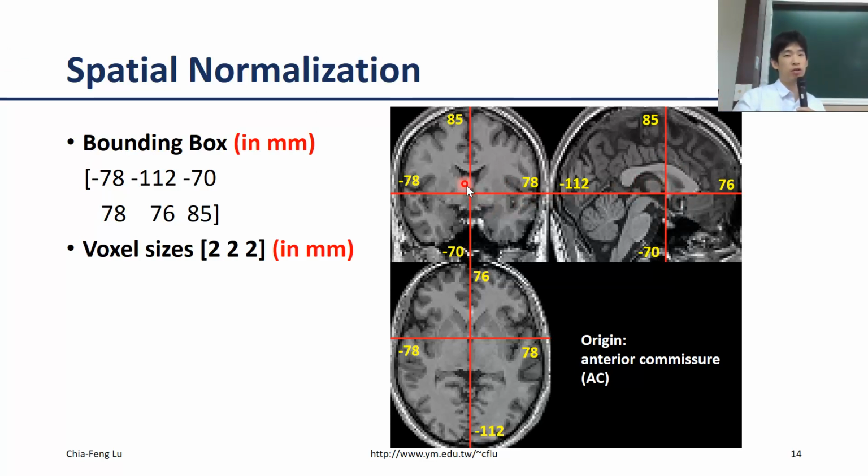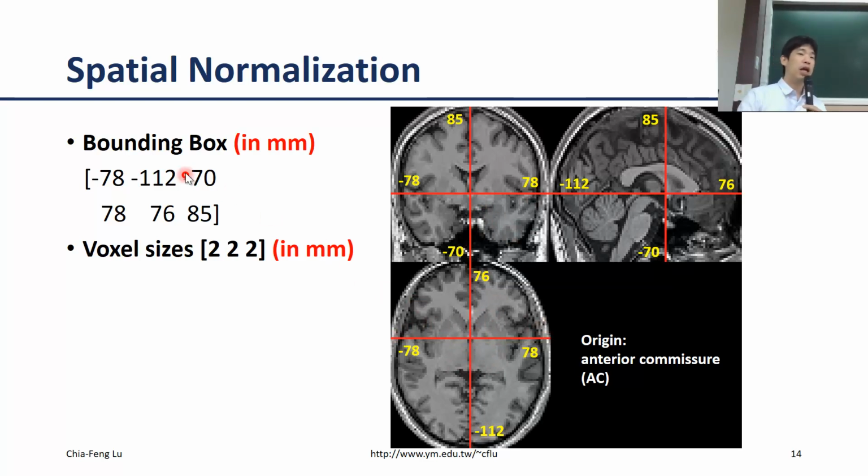If you try to locate the AC point in the coronal view, when we say the x range is between minus 78 to positive 78, it is from the left-hand side to the right-hand side. So minus 78 compared to the origin point, to 78. Again, the unit is in millimeters, not in voxels. This is minus 78 millimeters, and this is positive 78 millimeters. You can see very similar things from the axial view.